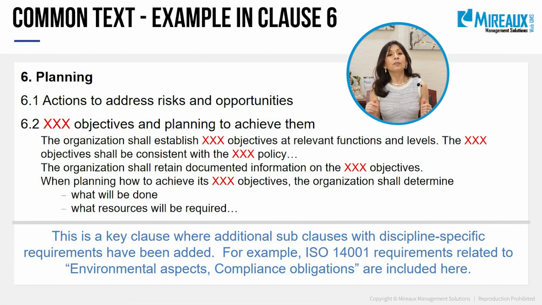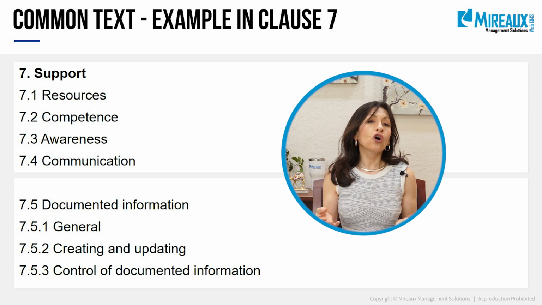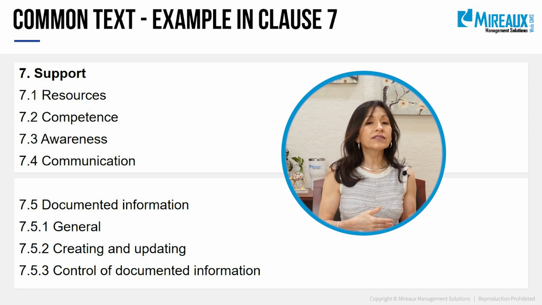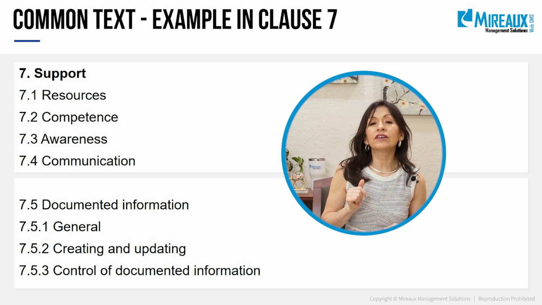In clause 6, planning, while there is common text for requirements like actions to address risks and opportunities and setting objectives, this is also a key clause where discipline-specific requirements are often added. For example, ISO 14001 will have specific requirements here about identifying environmental aspects. Clause 7, support, has a lot of common text, covering areas like resources, competence, awareness, communication, and documented information.